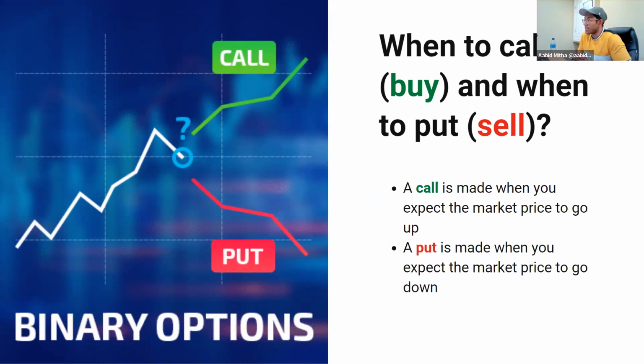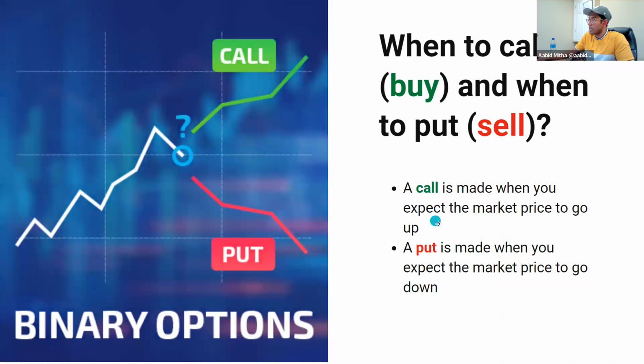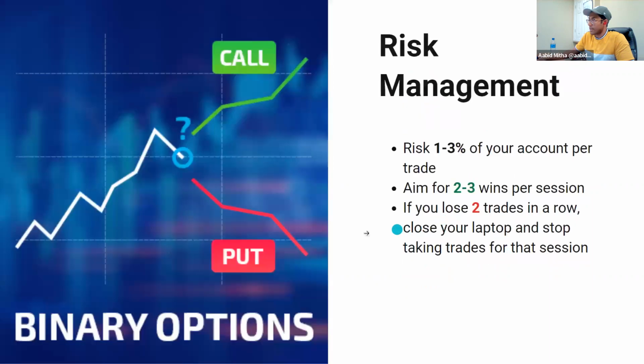Generally, a call is made when you expect the market price to go up, and a sell or put is made when you expect the market price to go down. Pretty straightforward. But how do you analyze if the market is going to go up or down? That's something that we will be covering in one of the later sessions.